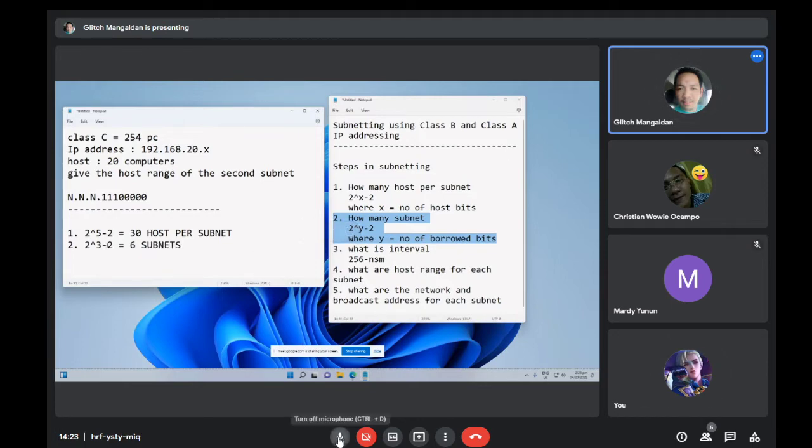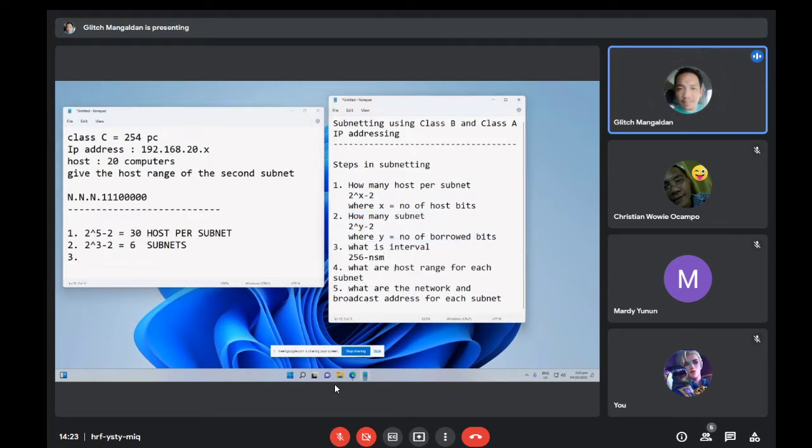Okay. So, that's correct. You don't have to check your notes. Kasi, ito na nga, binigay ko na nga rito. Okay, next, number 3. What is the answer? What is our interval? So, the interval can be get by 256 minus the new subnet mask.